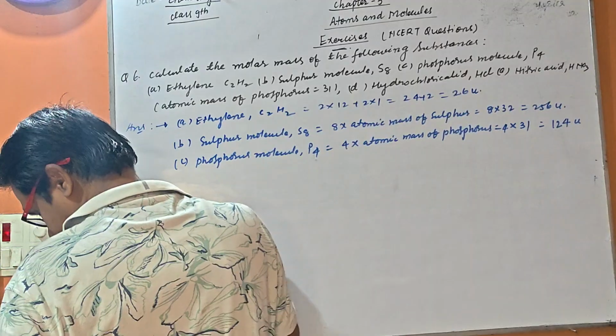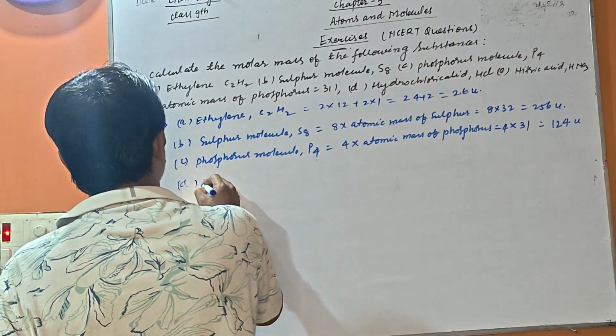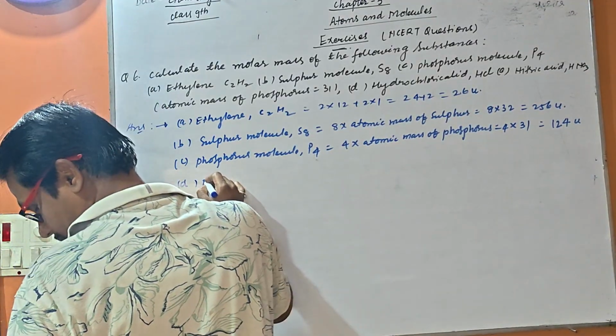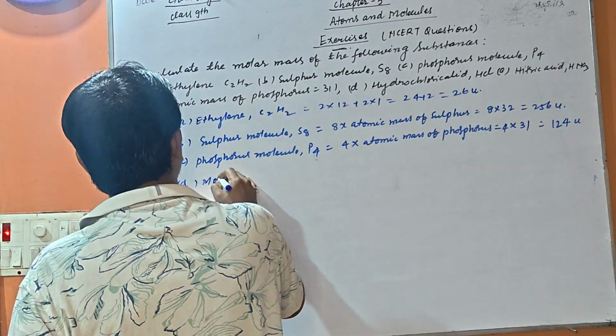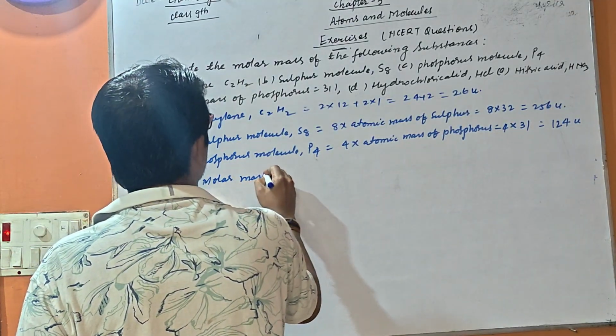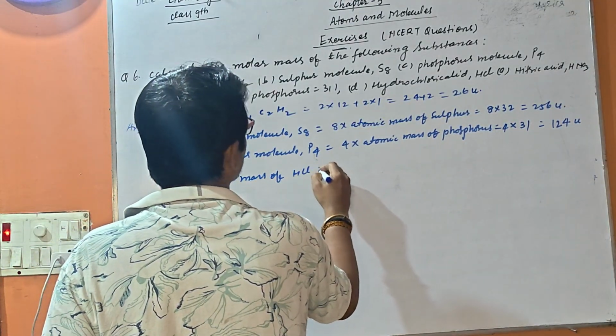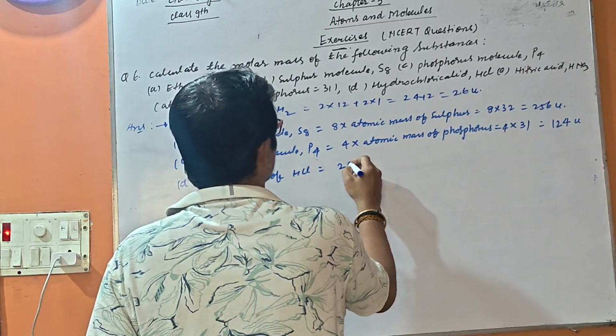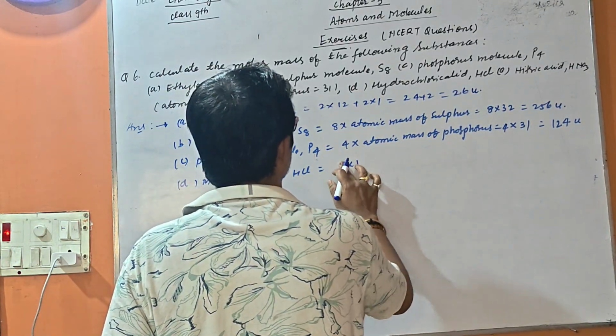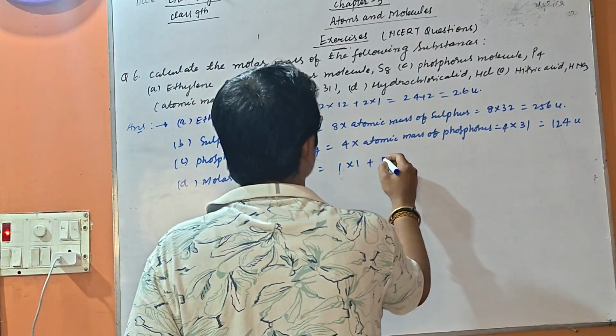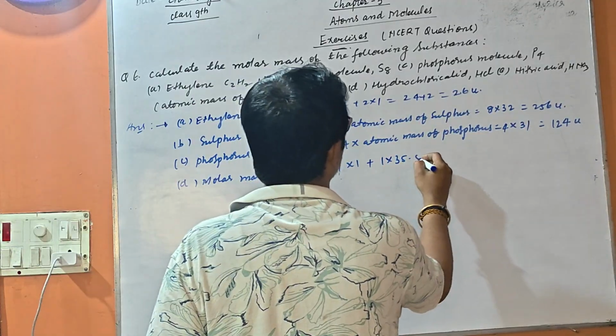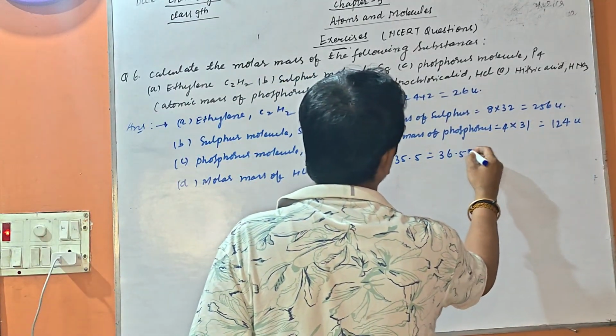Next one is the molar mass of HCl, D number. Molar mass of HCl is equal to 1 into 1 plus 1 into 35.5, is equal to 36.5.